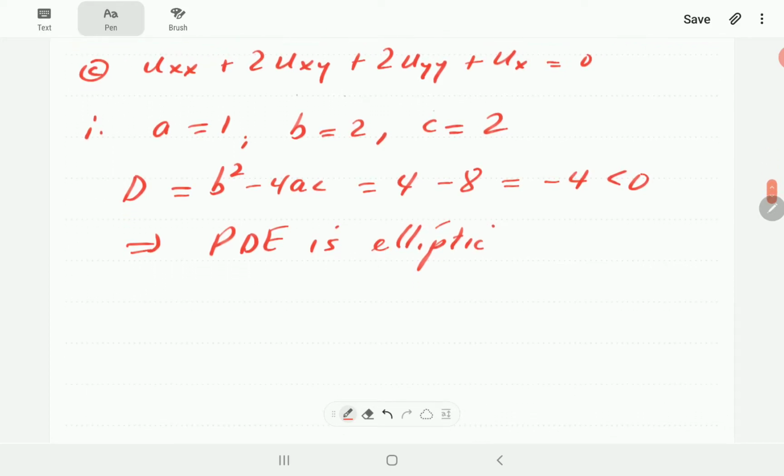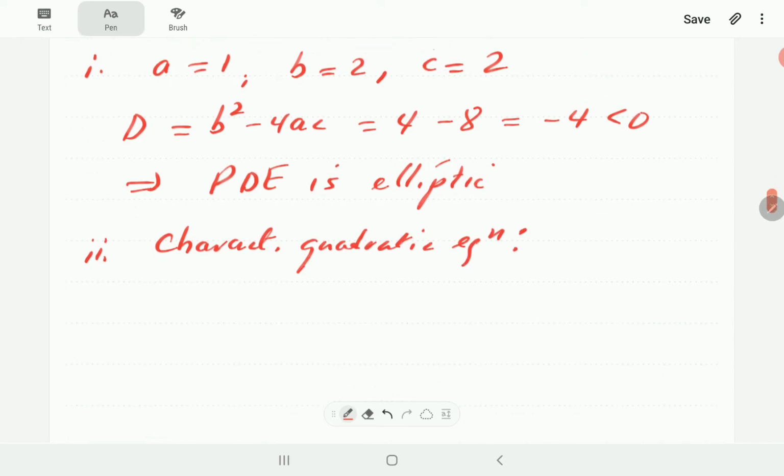All right. So if you watched our part 1 of this series, then you will know that we anticipate that the roots of the quadratic equation will be complex. So we are going to find the characteristic quadratic equation. Remember that one is given by A lambda squared minus B lambda plus C equals 0.